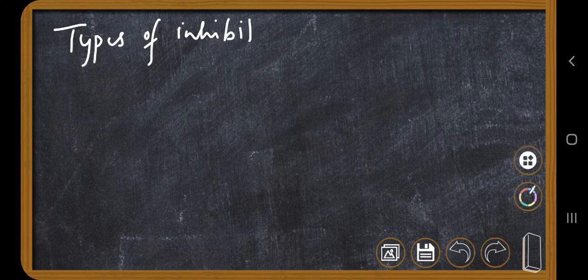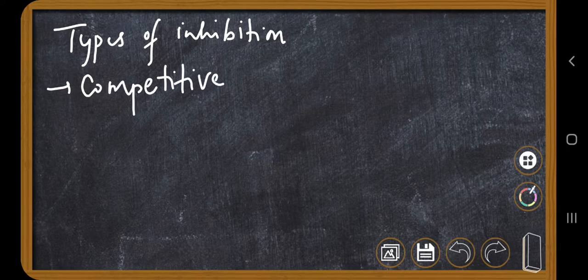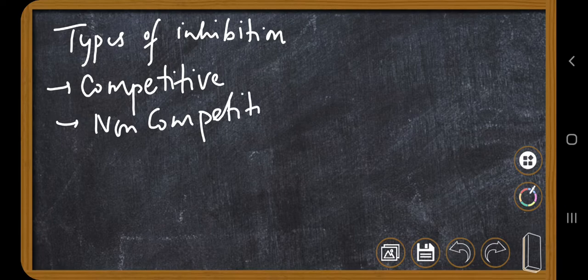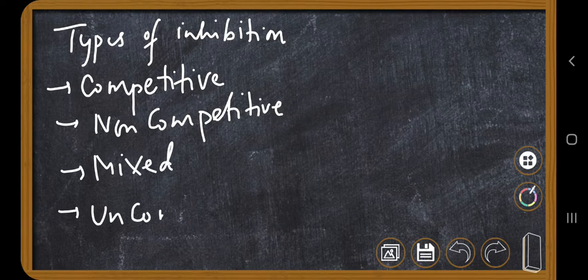So first of all we will write down the types of inhibition. Basically there are four types of inhibition. First one is your competitive inhibition, second is your non-competitive inhibition, third is your mixed inhibition, and fourth is your uncompetitive inhibition.